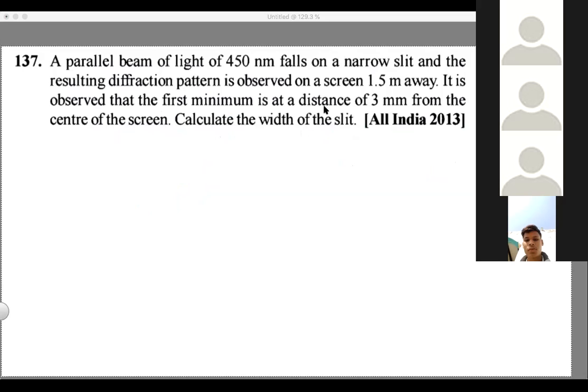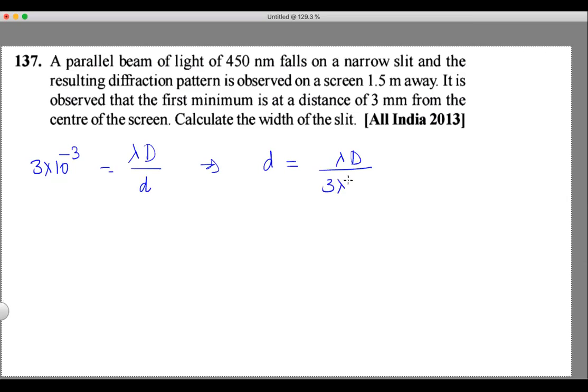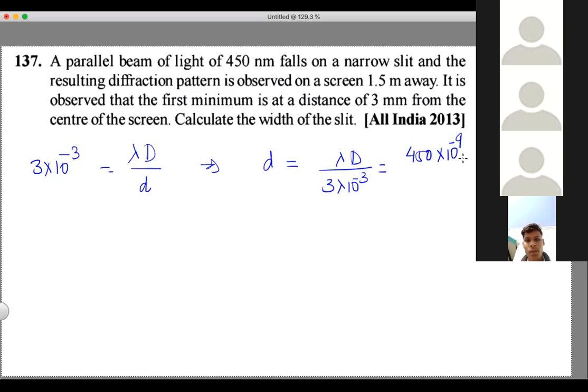Okay, again a direct application of the formula. The first minimum comes at lambda D upon small d, and this is given to be 3 into 10 raised to the power minus 3. So we will find d is equal to lambda D upon 3 into 10 raised to the power minus 3. And what is lambda? 450 into 10 raised to the power minus 9 into 1.5 by 3 into 10 raised to the power minus 3.